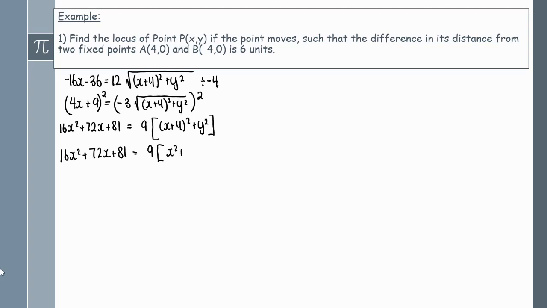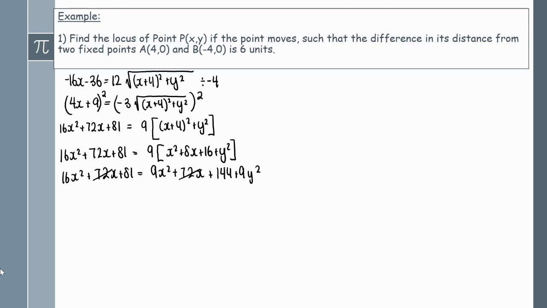I like to do the inside of this big bracket first, and then multiply through by 9, just to, again, minimize my errors. And we see some nice things pop up here. What can cancel? We have the 72x's, they'll definitely cancel.